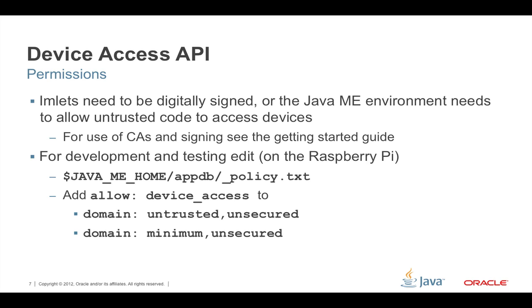All you need to do there is look in the file and you'll find that there are two domains which have information about what untrusted and unsecured emulets can do. There are two domains specifically that need to be edited. One is the untrusted and unsecured one, and the other is the minimum and unsecured one. All you need to do is add the allow::device access to these two domains, and then your emulator will be able to access the pins without any problem.